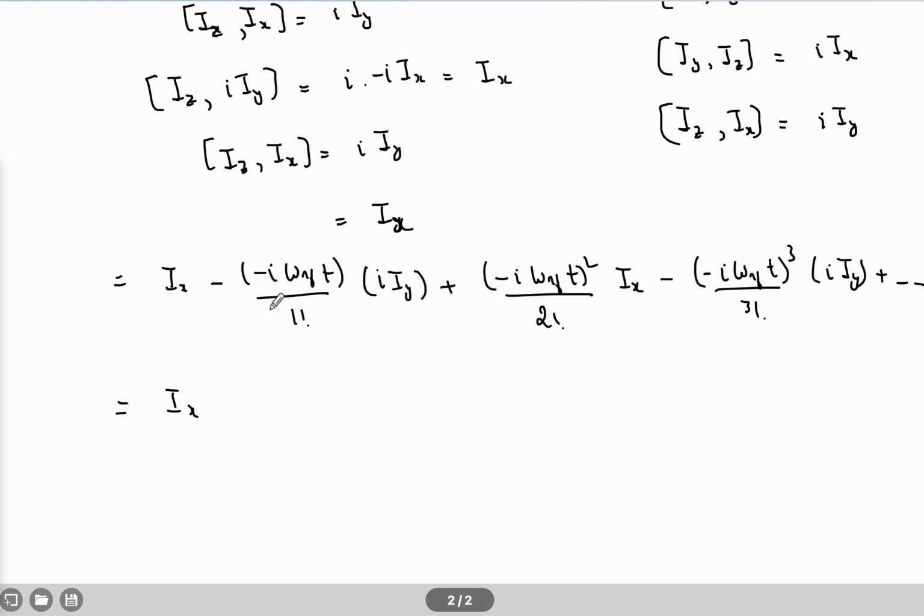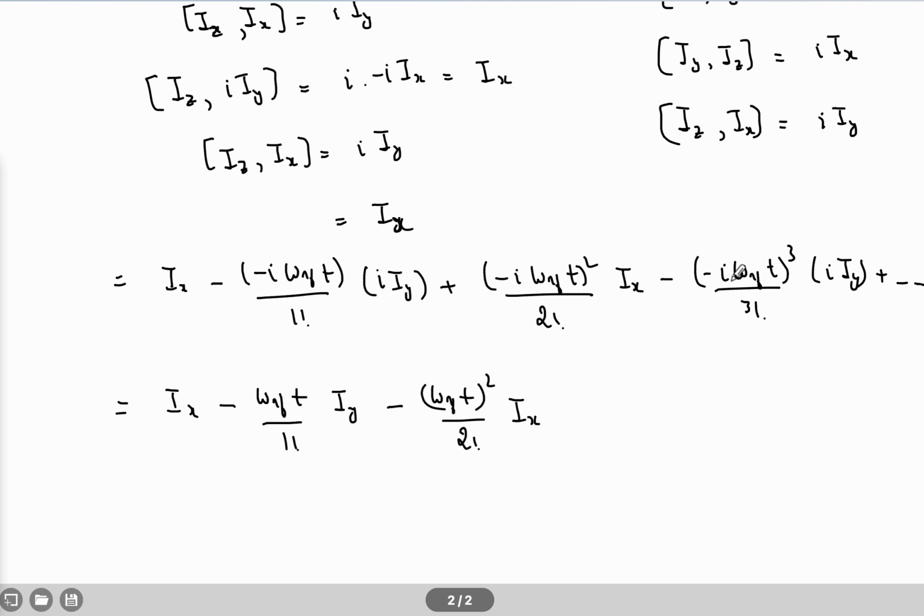This is i here, so this is minus omega rf t divided by 1 factorial iy, and this one over here, this minus square will go positive, i square will become negative, so I'm left with minus here omega rf t square divided by 2 factorial ix.